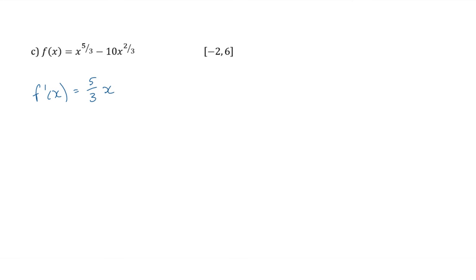So 5/3 minus 3/3 is 2/3. 10 times 2/3 is 20/3. Subtract 1 from 2/3, so 2/3 minus 3/3 is negative 1/3. Whoops, not 1/2, 1/3.